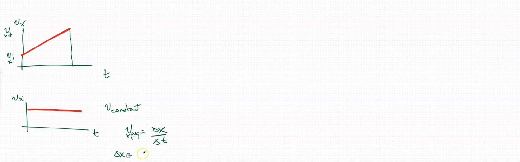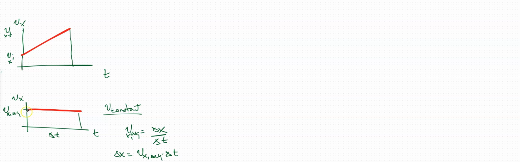So delta x is average velocity times delta t, which, for constant velocity, is also the average. This is delta t down here.